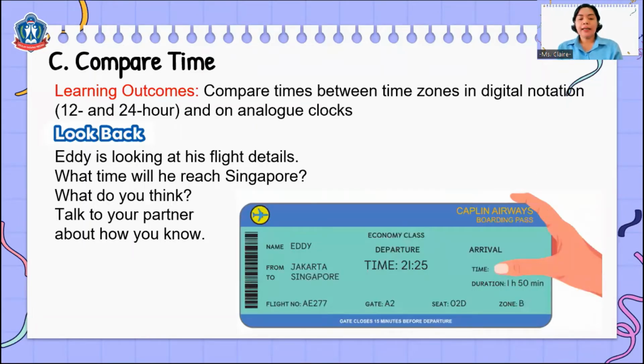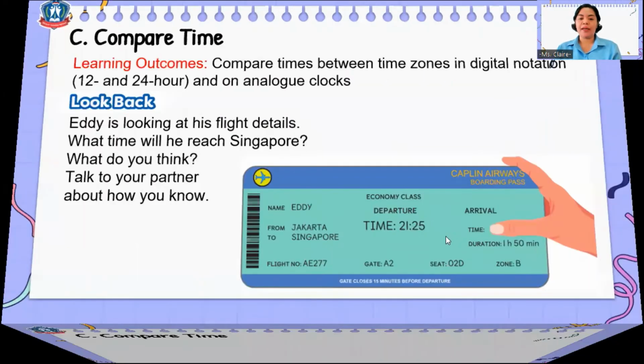He is departing from Jakarta at 21:25 in the evening. The duration is 1 hour and 15 minutes to Singapore. Take note, children, that Singapore is 1 hour ahead of Jakarta. If you know the answer, try to give your answer during our class.